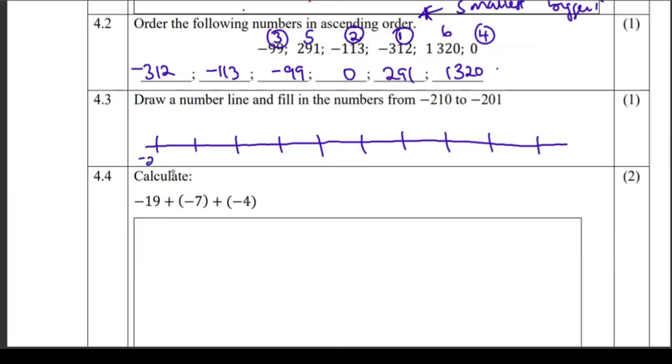So if this is negative 210, negative 209, negative 208, negative 207, negative 206, 205, 204, 203, 202, 201. And then you'll have negative 200 there. So this is what they wanted you to do, not the other way around.